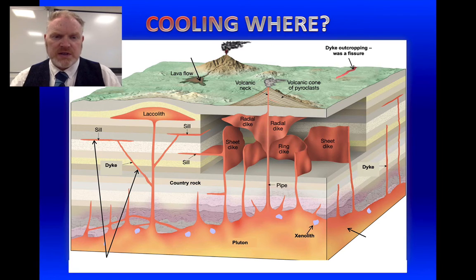Where we have this sheet of igneous rock cutting across the surrounding rock, we call that a dike. Where we have those sheets of igneous rock that follow the layers within the surrounding rock, that then is a sill.